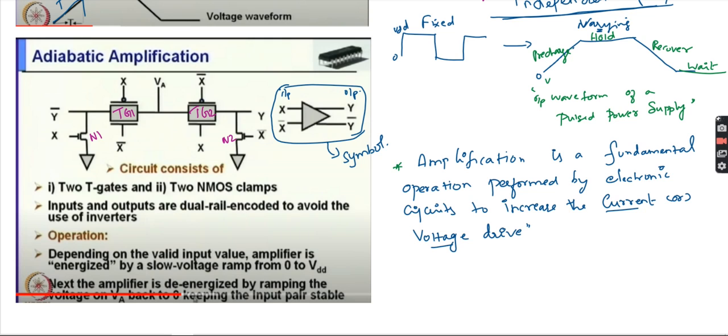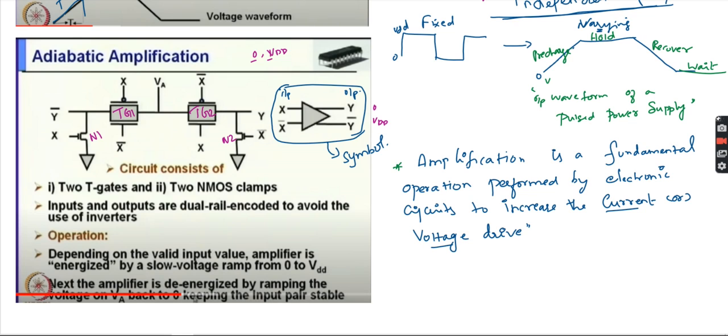Now here you can see the inputs and outputs are dual railed.